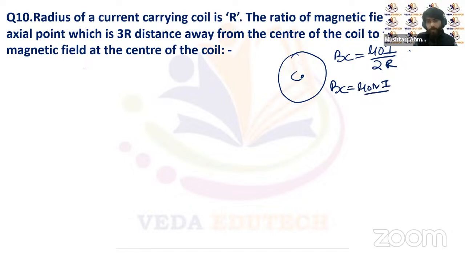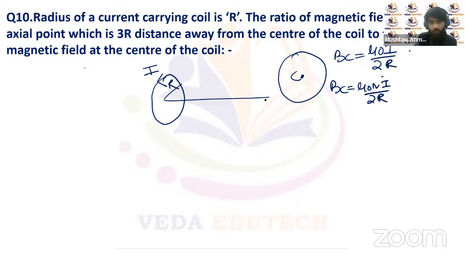Now the question is the ratio of the magnetic field at an axial point, which is 3r distance away from the center of the coil, to the magnetic field at the center of the coil, right? Now, for this current carrying coil of radius r, let's suppose this is the point P which lies on the axis.